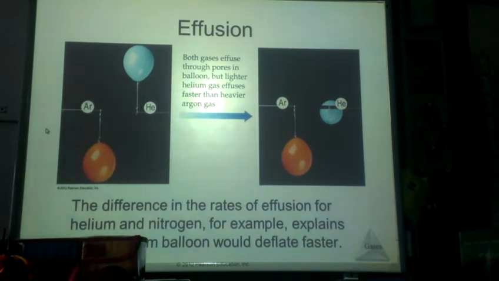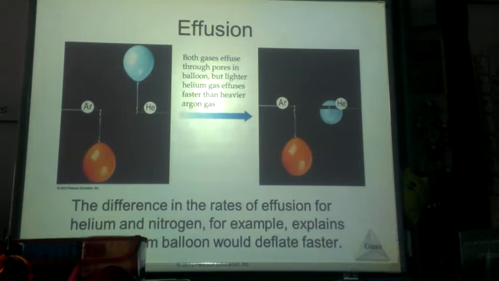So with effusion, if we're comparing helium versus argon, the difference in the rates of effusion will explain why a helium balloon would deflate faster. We already said that with effusion, because the particles are smaller in mass, a gas that is smaller in weight is going to be able to effuse faster.